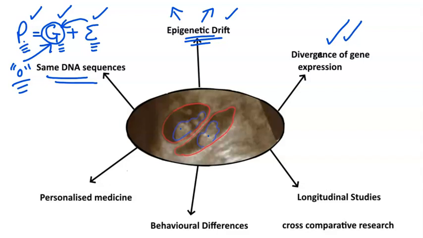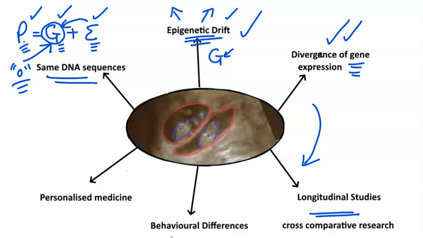The epigenetic impact on the genes, so the methylation of genes, means that genes express themselves later in development in a different way. Where this is studied in the long term, in what are called longitudinal studies, you can evaluate the degree of divergence that starts to occur between the twins.